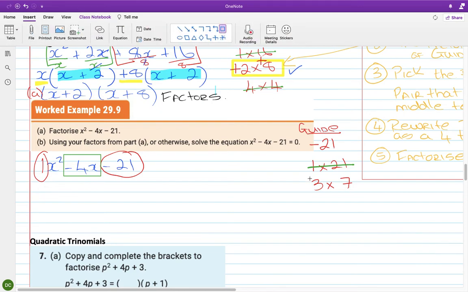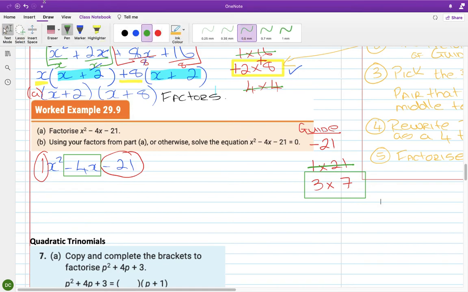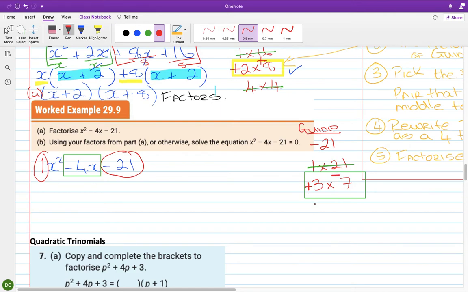Now, so I'm going to pick this, but I need minus 4. So what signs do these have to have in order to get me a minus 4? I would need this to be plus and this to be minus. 3 minus 7 is minus 4, and that's my middle number, so that works.